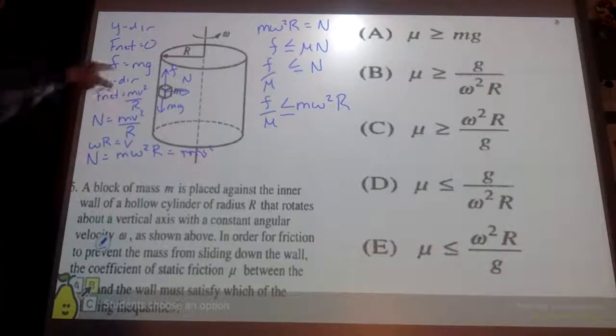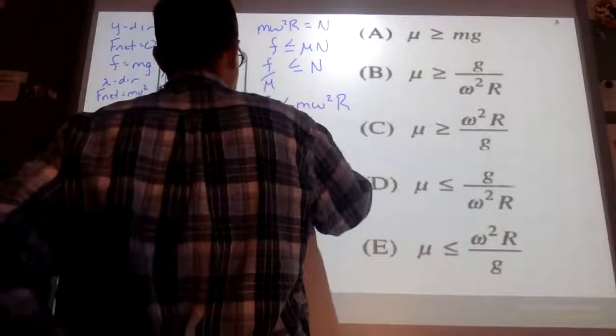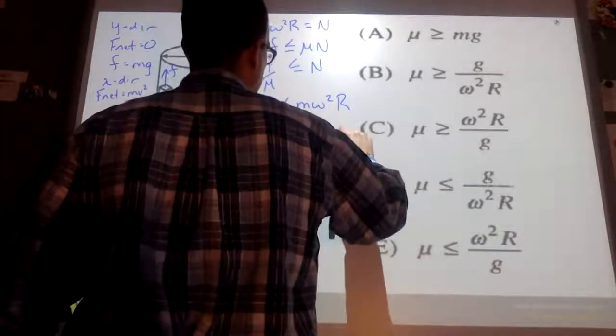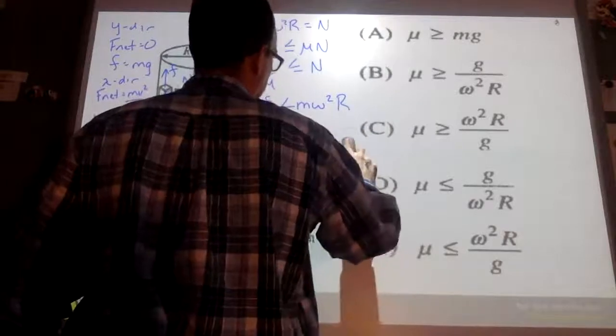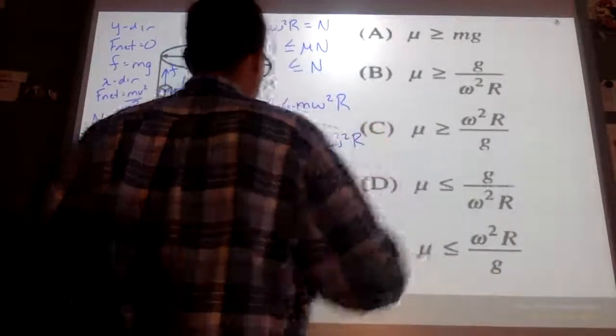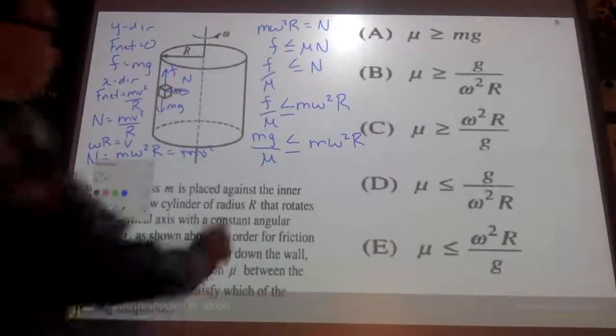I also know that F is equal to mg. And so I have mg over mu is less than or equal to m omega squared r. And look at that, I can cancel the mass out. Wow.